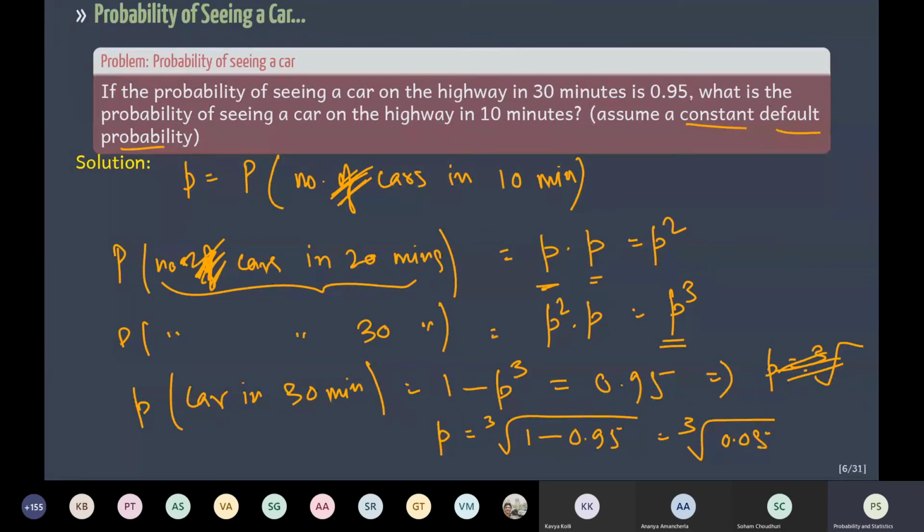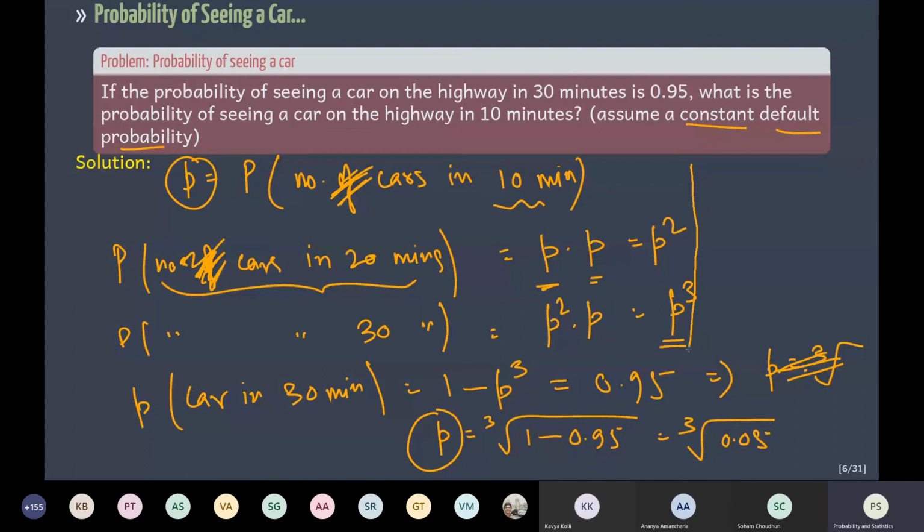Okay, and now a car in 10 minutes will be 1 minus, so p we got, right? So p is what we need. So now we got p in terms of those 10 minutes, right?